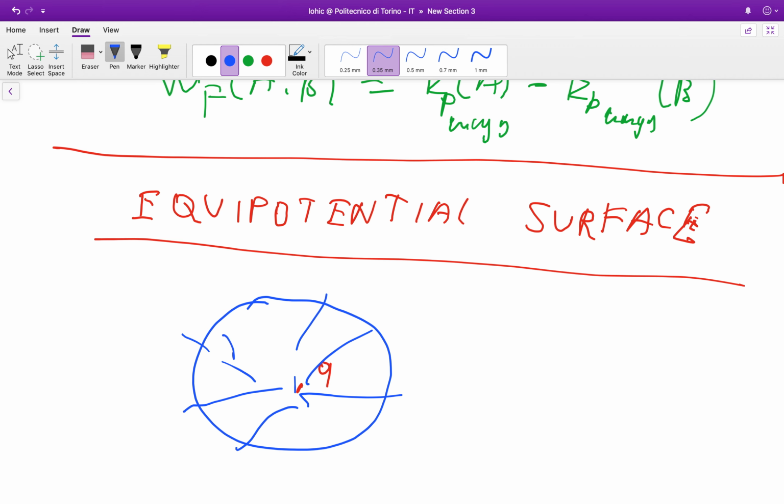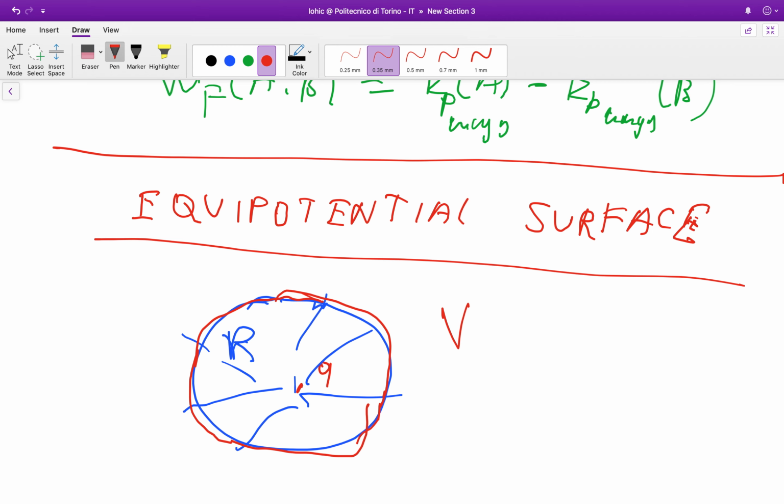The distance is always R, right? So let me call this distance big R. It's constant. So all the points belonging to this sphere share the same distance from Q, yes or not?